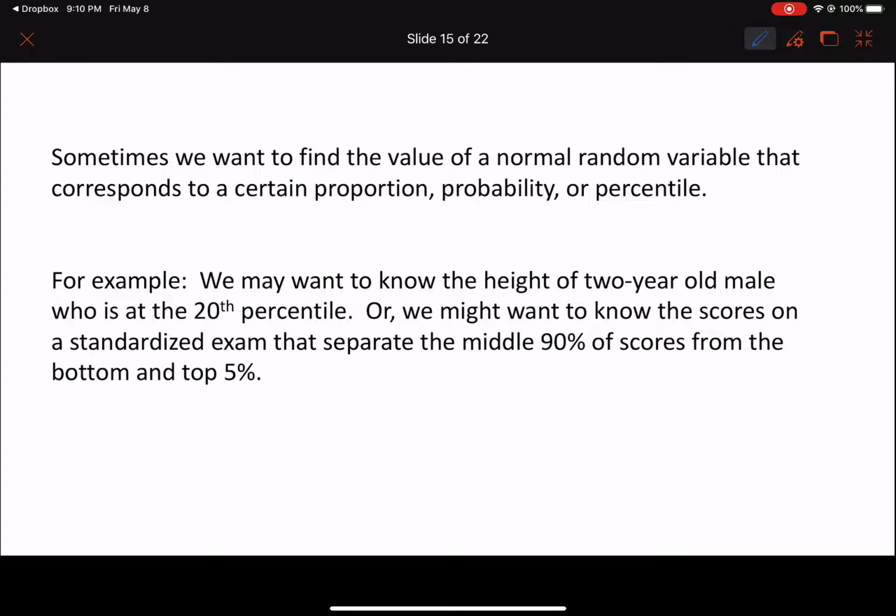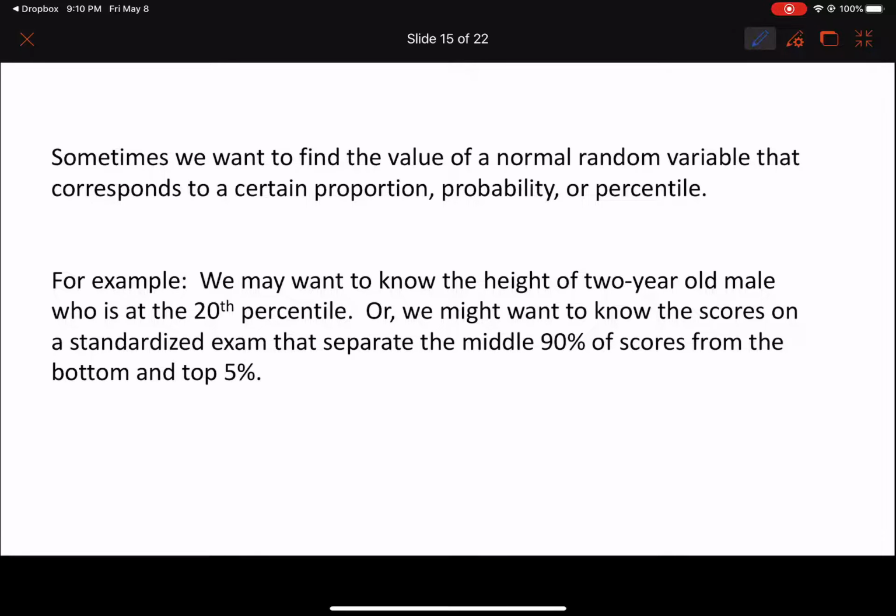Or what if you took your child to the doctor and they said his weight is in the 87th percentile, but they didn't tell you how much it showed on the scale, or maybe it was in the metric system and you don't know how to do that conversion. You can put it into your calculator if you know the mean and the standard deviation, and you can figure that out. All right, so let me show you this and we can figure this out together.